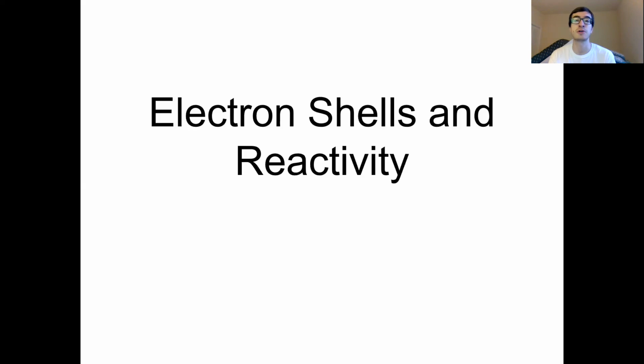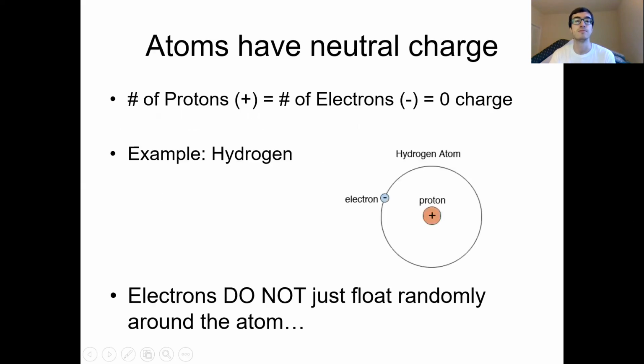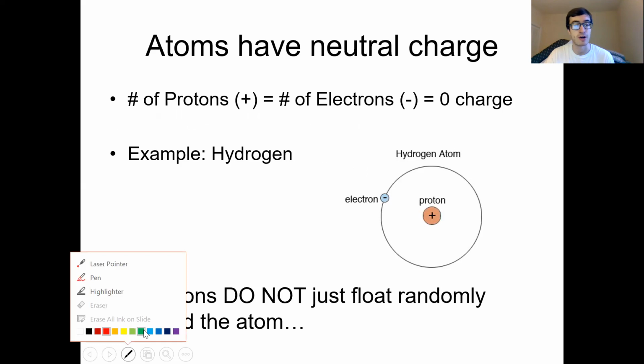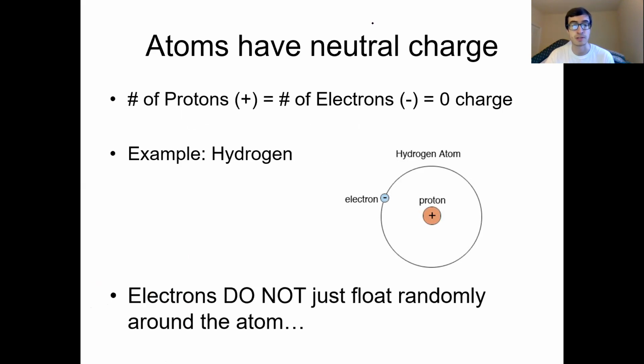So just for a quick review, you might remember that the atoms we're talking about have what's called a neutral charge. The protons are positive and the electrons are negative, and they have to be equal to each other.